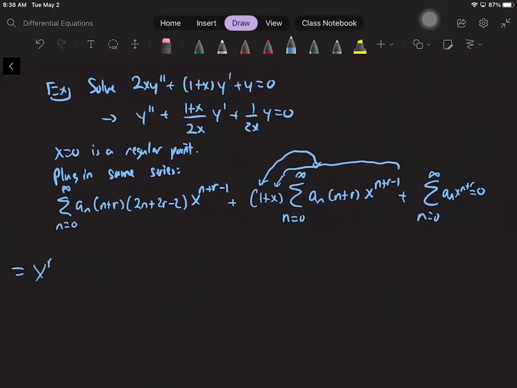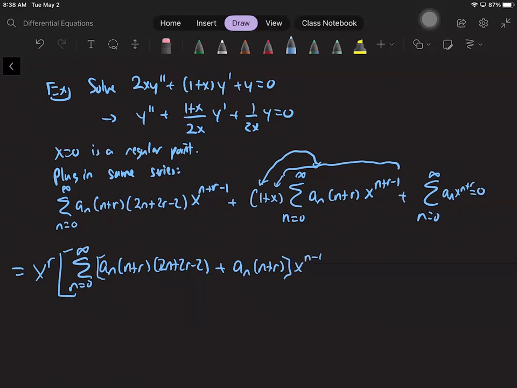So x to the r is going to come out of everything. And like I said, it's going to combine with the next series. And so they're both going to have an x to the n minus 1, since I took out the r.